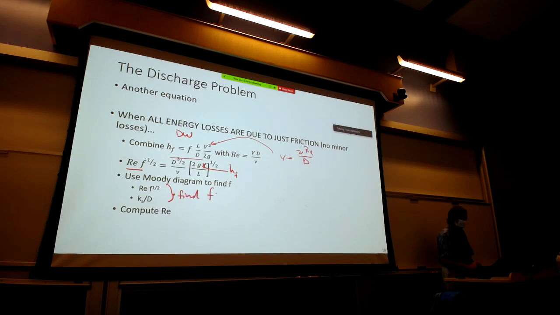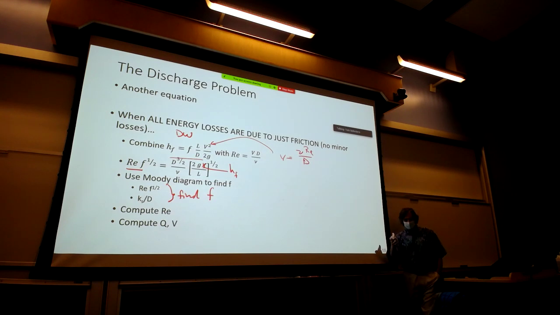And once we have the friction factor, we can compute the Reynolds number. And once we have the Reynolds number, we can compute the discharge and velocity. So again, what I'm showing you is the solution strategy. I'm going to show this exact solution strategy in the next example, and we're going to follow this strategy.